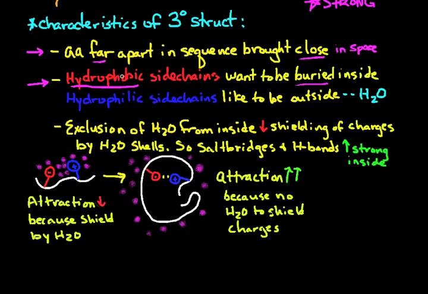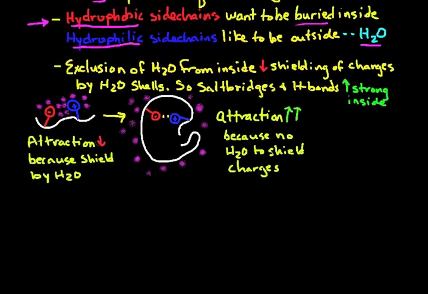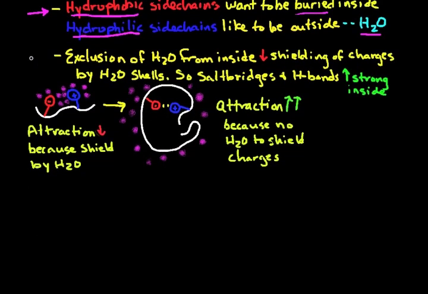So hydrophobic side chains tend to be buried on the inside of a protein, and hydrophilic residues don't mind being on the outside. In fact, they like it because they can form interactions with water, and that tends to be a very stable place for them to be.